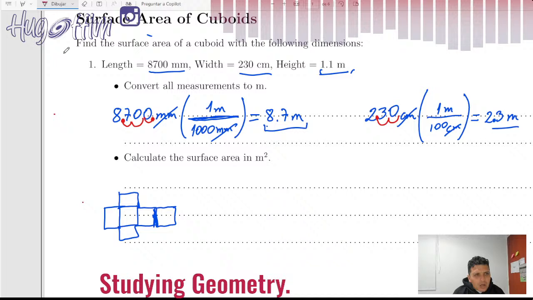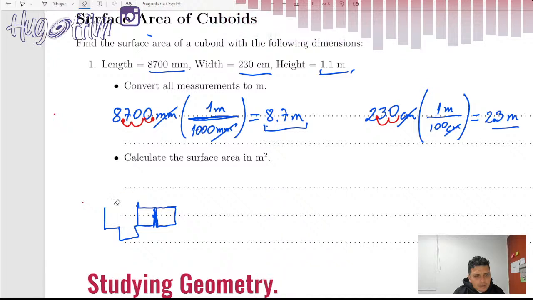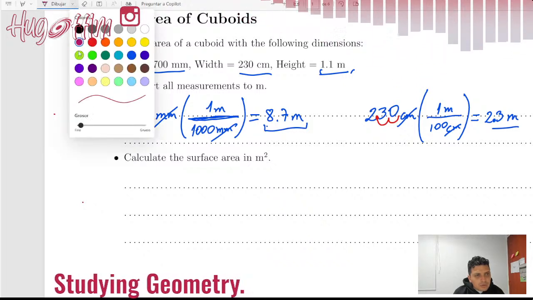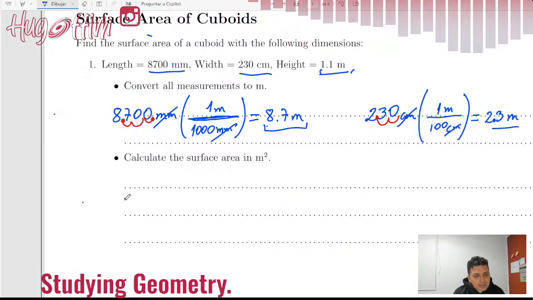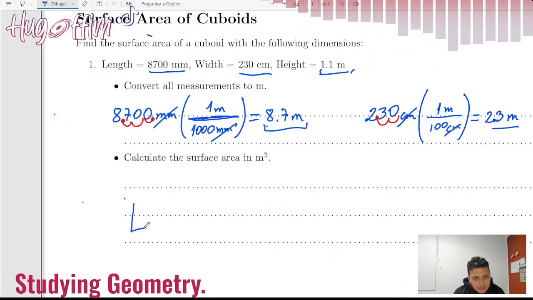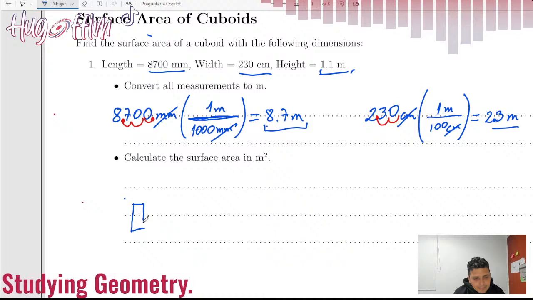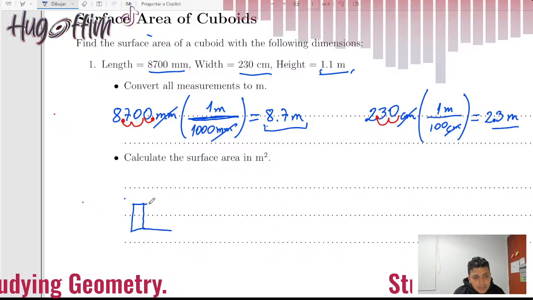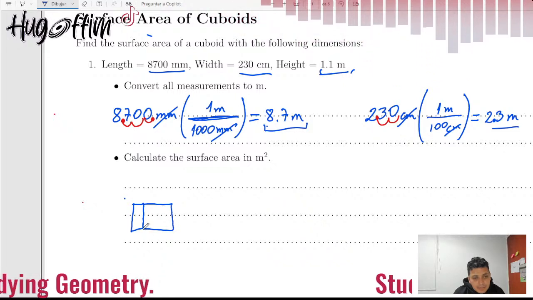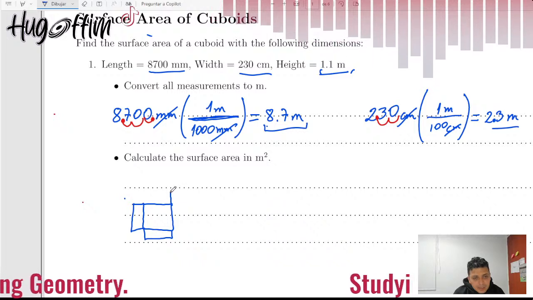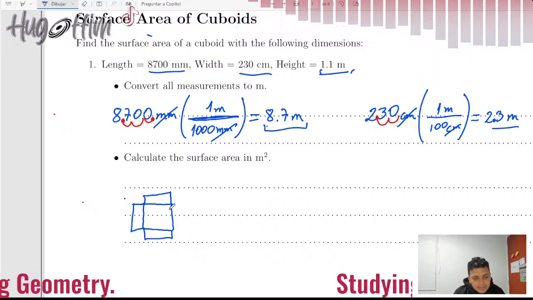I'm going to draw it in a way that we can see that it's a cuboid. Could be something like this. We can see that each side is completely different.